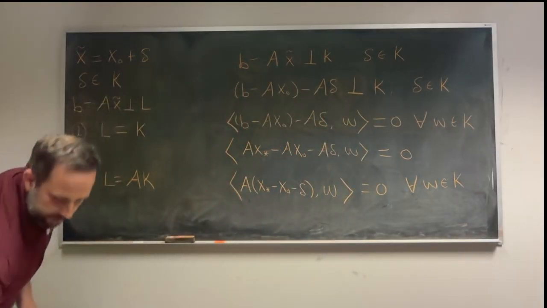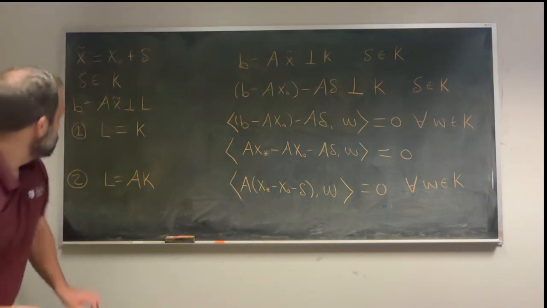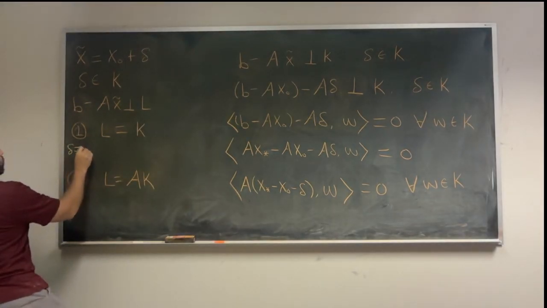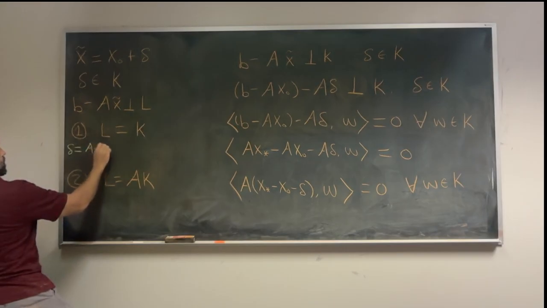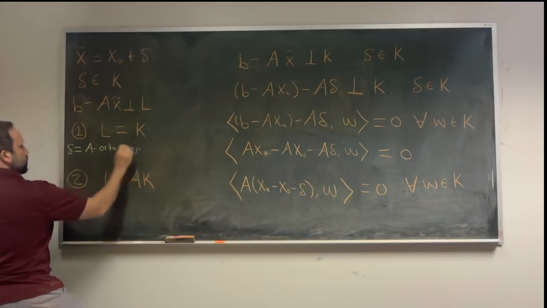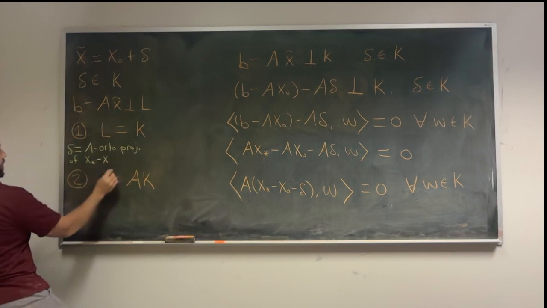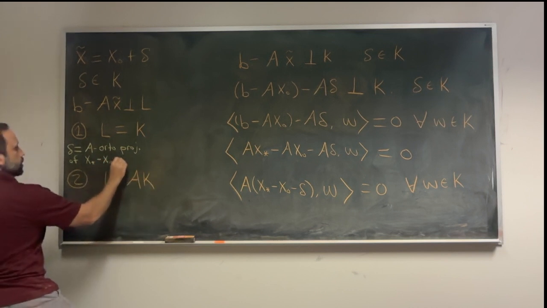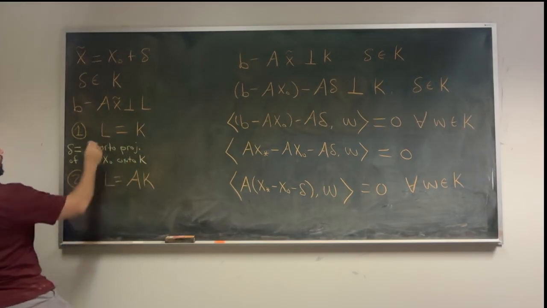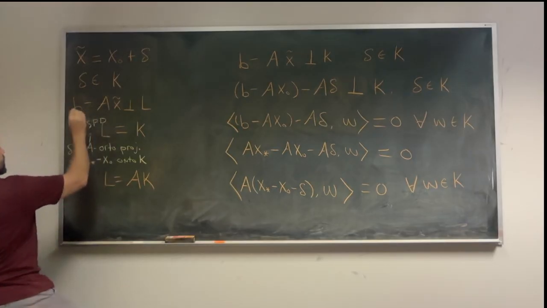So in this case, delta is equal to the A orthogonal projection of the error, x star minus x naught, onto K. And here, for this to make sense, really, A needs to be symmetric positive definite.